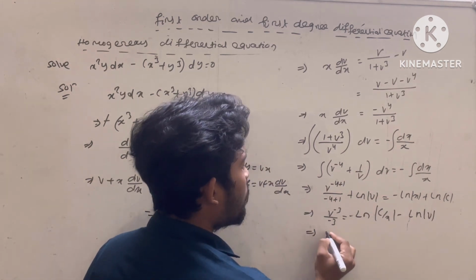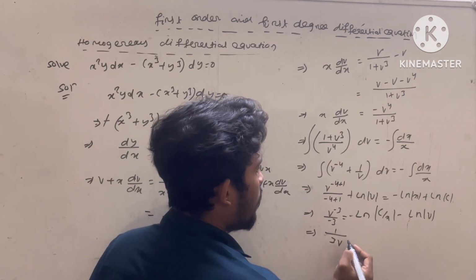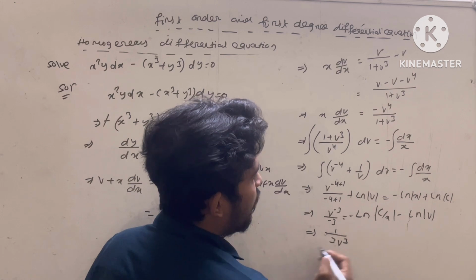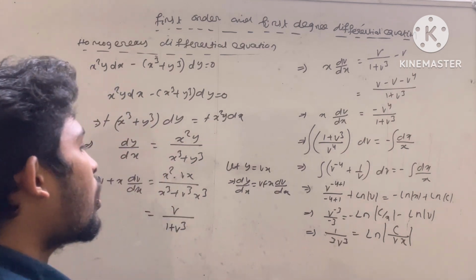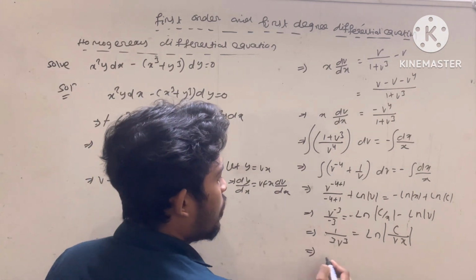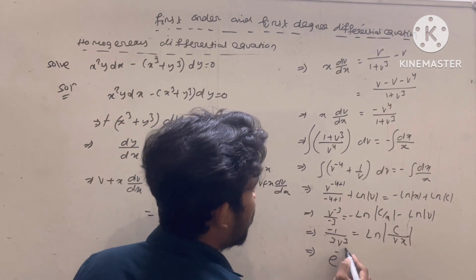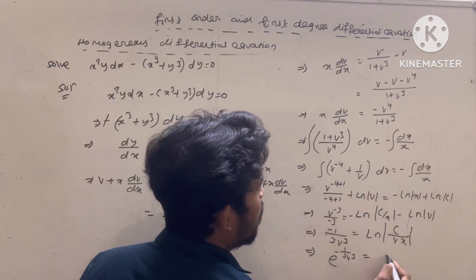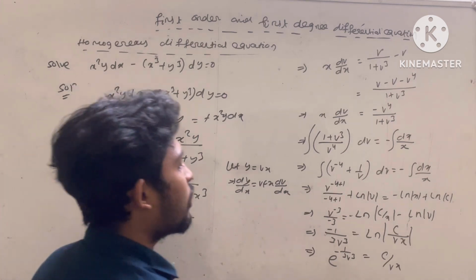So this becomes 1 by 3 v cube, equal to ln c by vx. So now this becomes e to the power minus 1 by 3 v cube equal to c by vx.